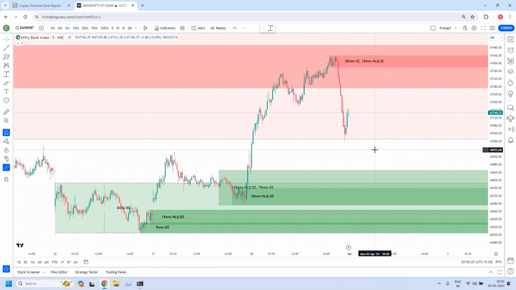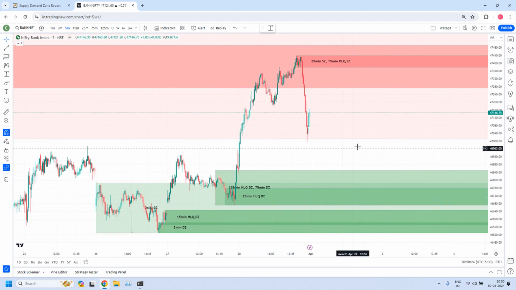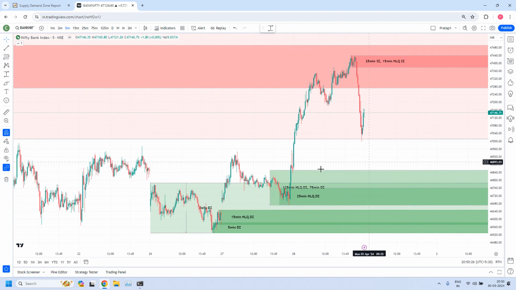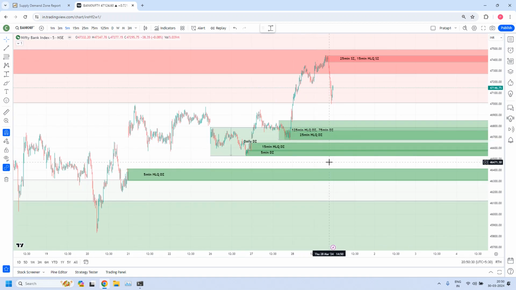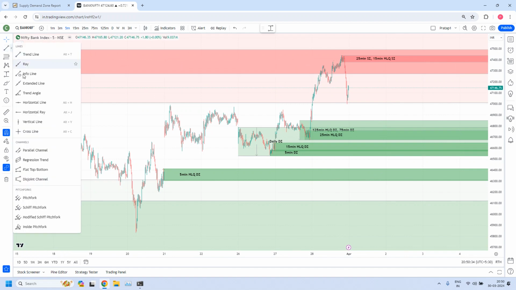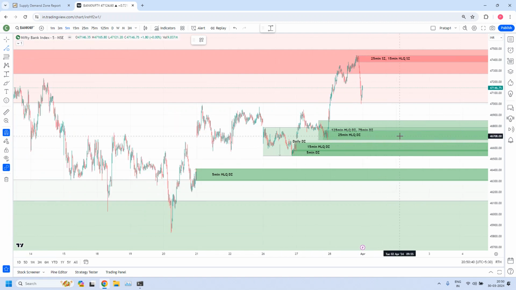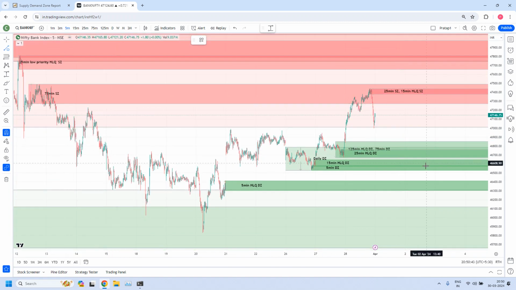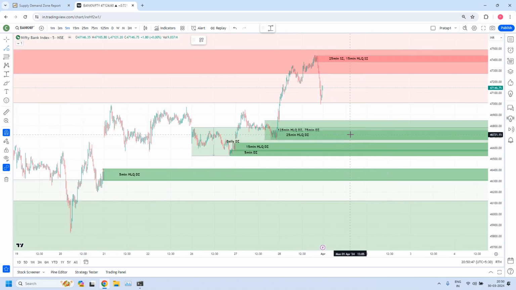So what could be the range? For your Monday's trading point of view, your range could be from this daily demand zone to this 75 minutes supply zone, or this 75 minutes.